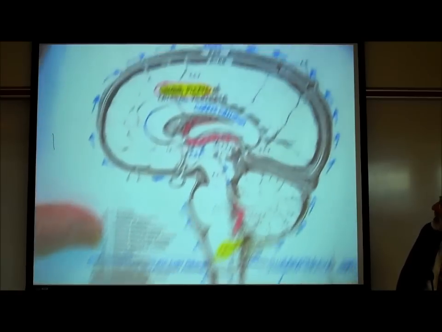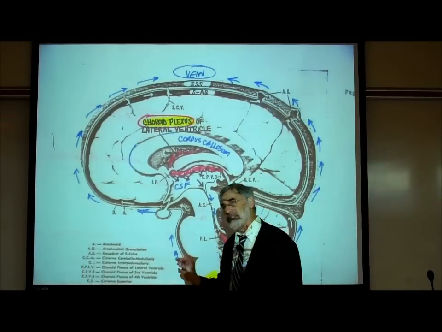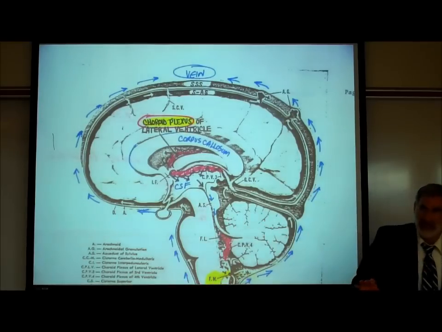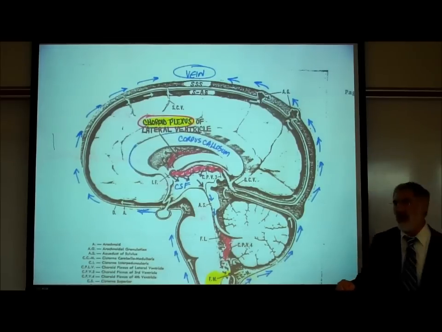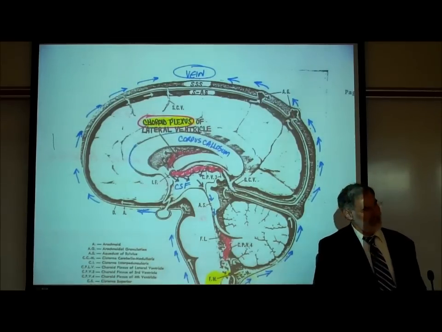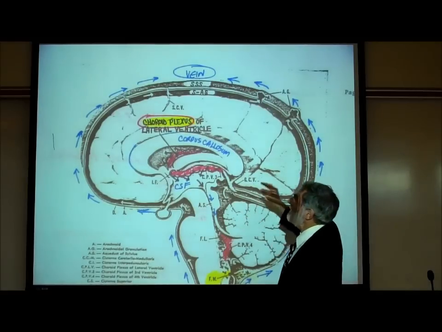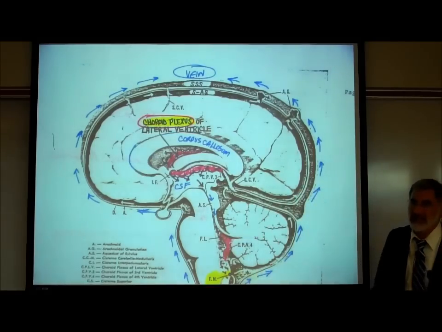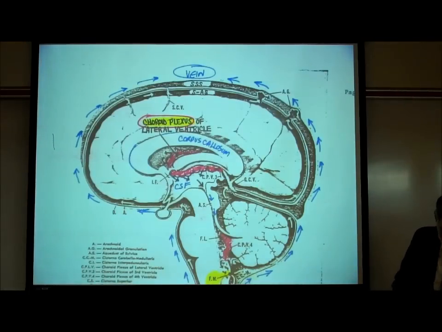Now, in anatomy, all of you learned that some thin-walled veins in the body are called sinuses rather than veins. For example, there's a large thin-walled vein on the backside of the heart called the coronary sinus. Right? It's not called the coronary vein, it's called the coronary sinus. There are similarly many thin-walled veins in your brain called sinuses. And this particular one's called the superior sagittal sinus at the top of the brain.